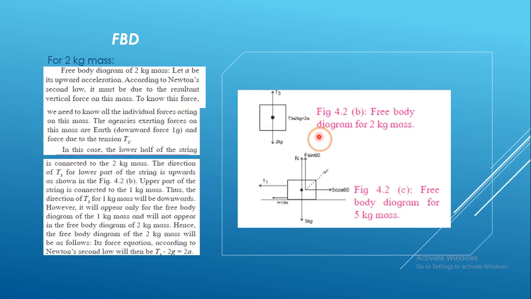Similarly, the equation for this 5 kg mass will become T1 plus F sine 60 is equal to 5 kg.